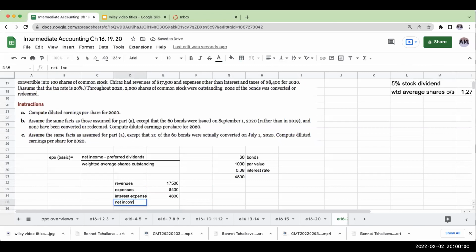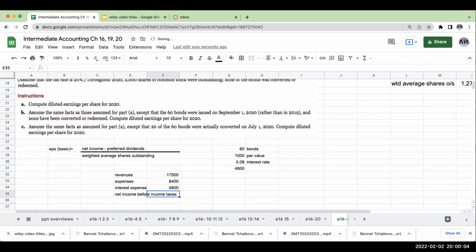My net income before income taxes is going to be $17,500 minus $8,400 minus $4,800, a total of $4,300.